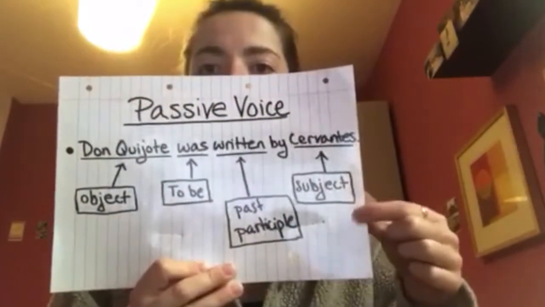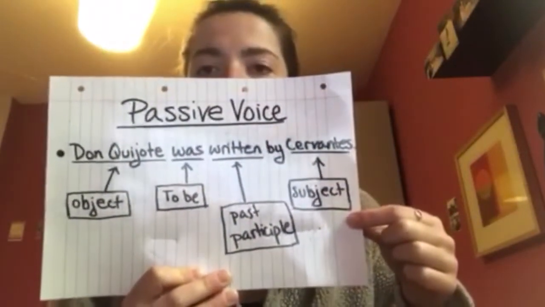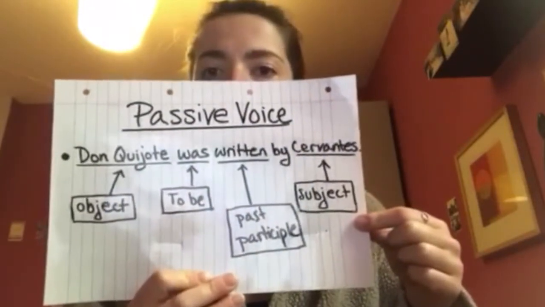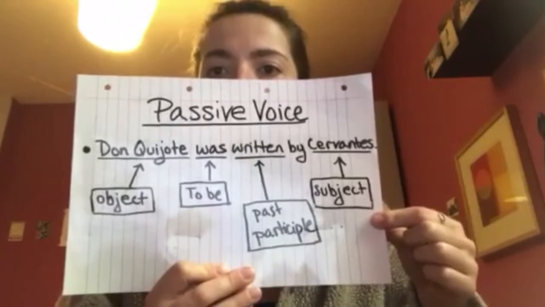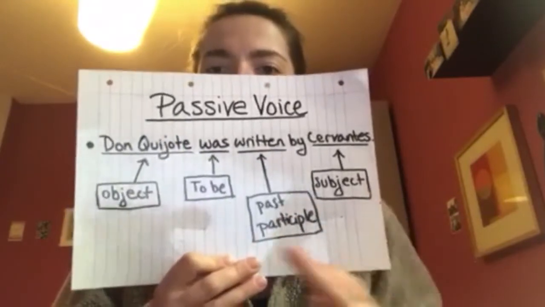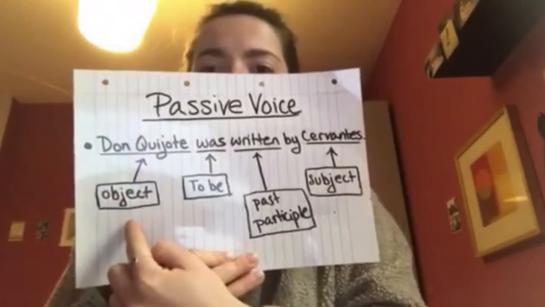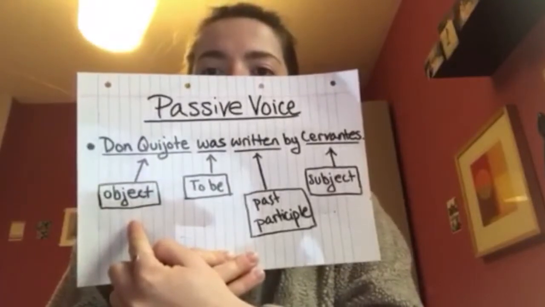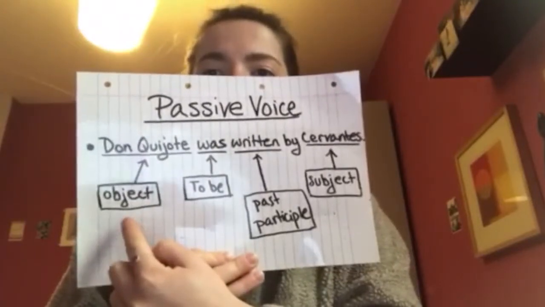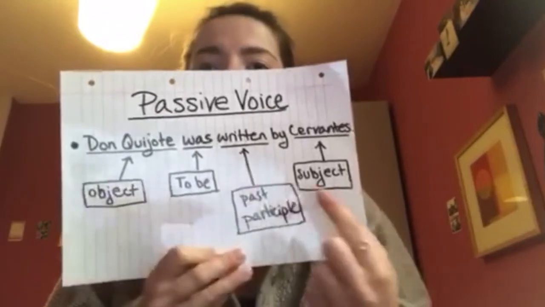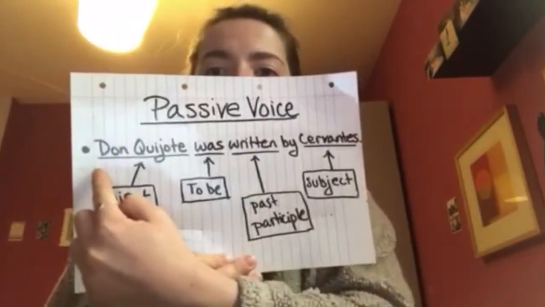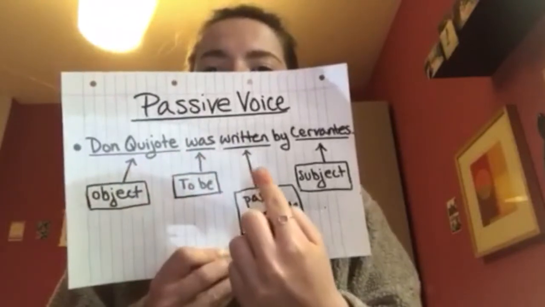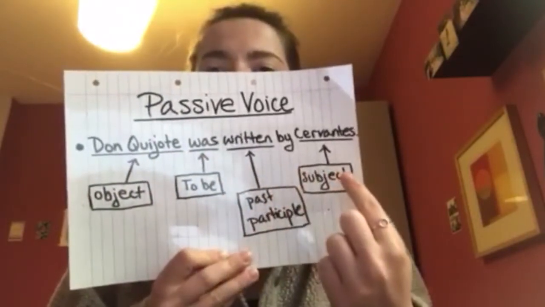It goes here, at the end. So, the object is the thing that is being written, which is the book Don Quixote. The object goes at the beginning. Object, subject. Don Quixote was written by Cervantes.